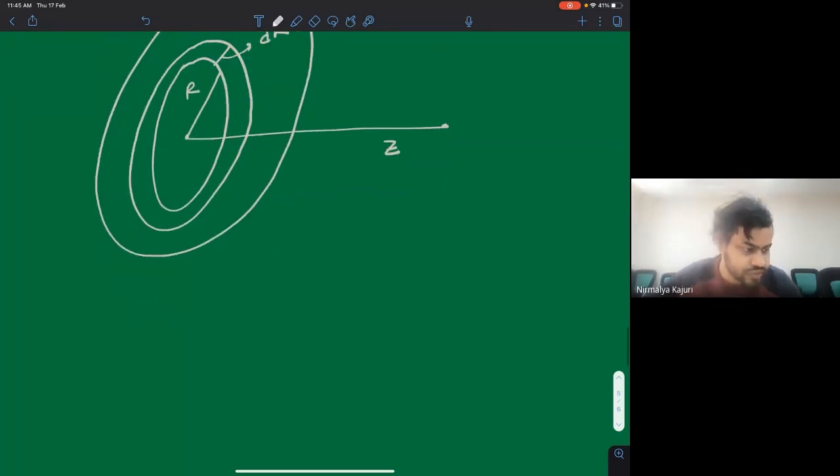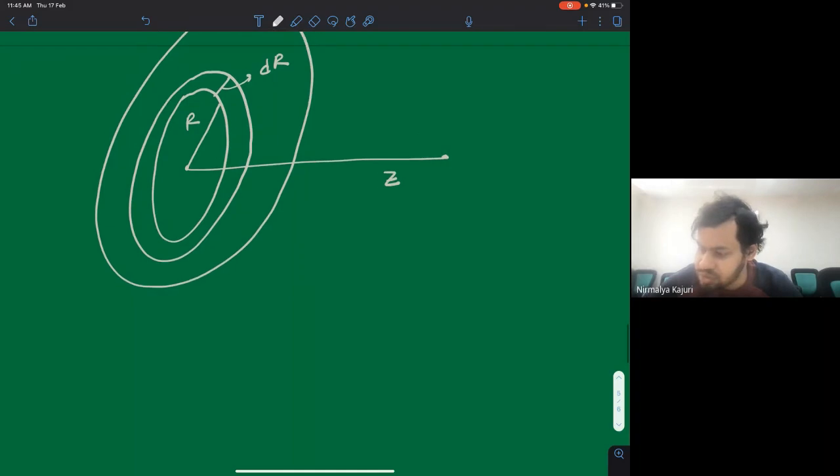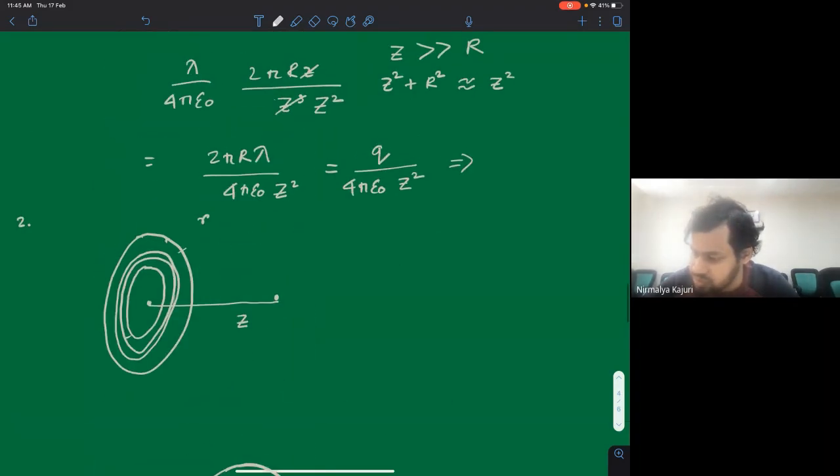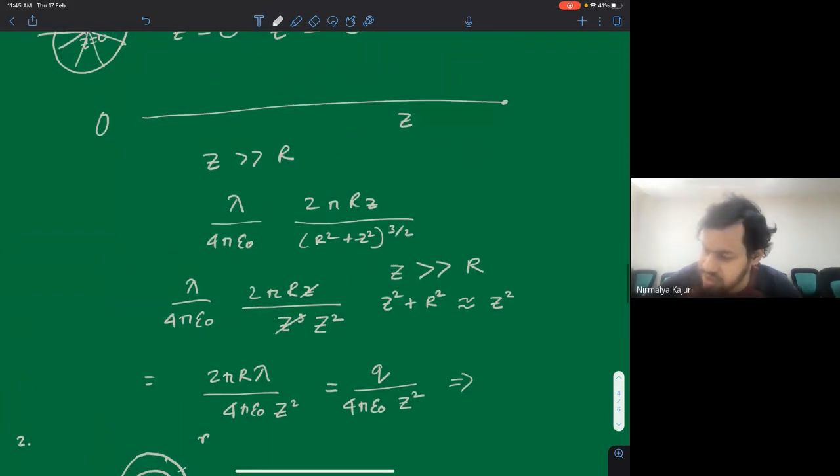Okay. So what is the force due to one of the rings? So it is pretty much the same as what we found here, which was this guy.